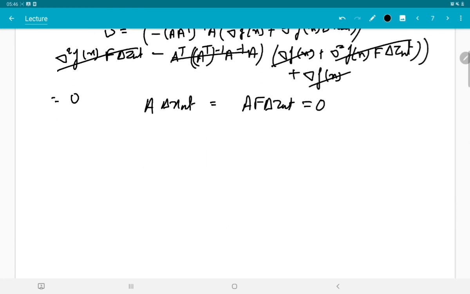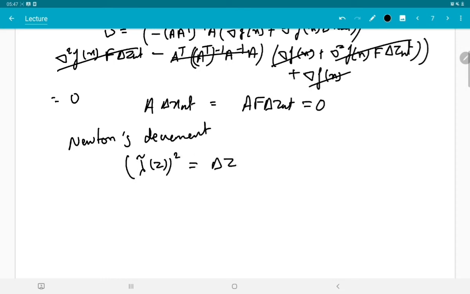So Newton's step in the unconstrained case is the same. Now, what about Newton's decrement? This is the expression for Newton's decrement in the reduced problem.